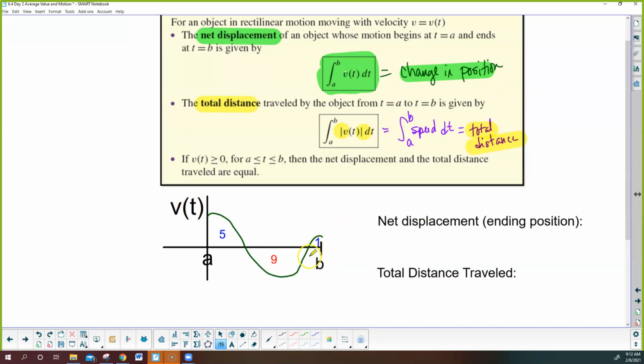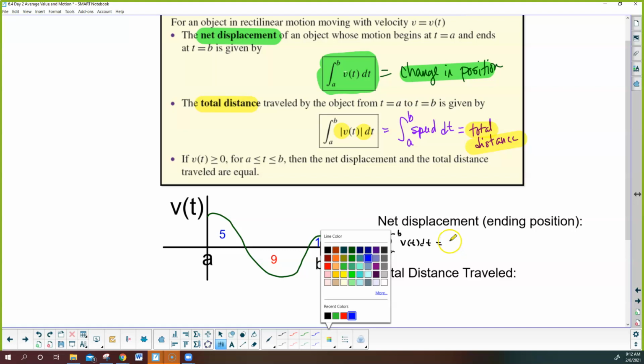Let's say that this is a graph of velocity, and I told you to find the net displacement between A and B of the velocity. Well, all that is the area under the curve, right? It's the 5 up here plus the fact that this is negative.